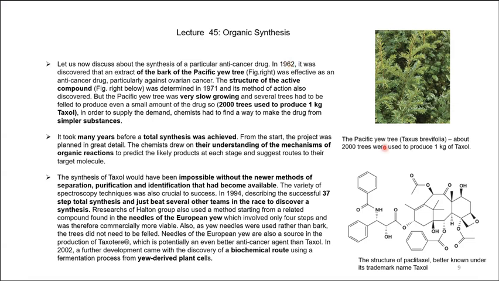But then you see, we have to cut down about 2,000 trees and take the bark of those trees, and then extract from there. We can get only 1 kg of Taxol. That is the trade name of this compound, which is acting against ovarian cancer.